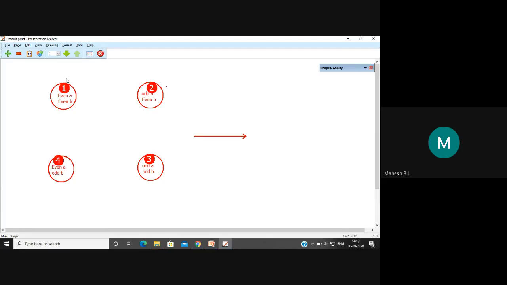I'm using one more name along with these, that is state 1, state 2, state 3, and state 4.